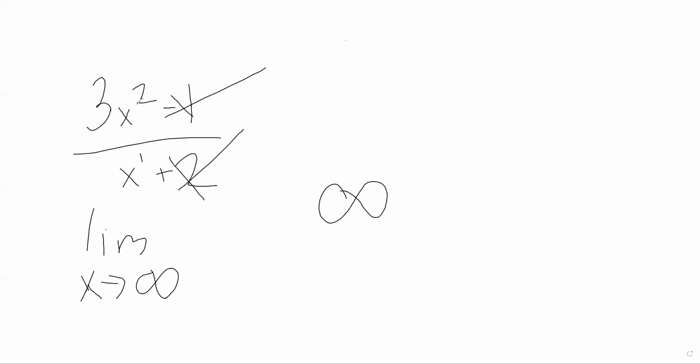You see that if you're squaring it up here, it's going to have such a tremendous impact on it that dividing it by whatever is not going to have a big impact. So if that's difficult to follow, just memorize the rule. The rule for when the exponent's bigger on the top than it is on the bottom is that when x approaches infinity, the answer is infinity.